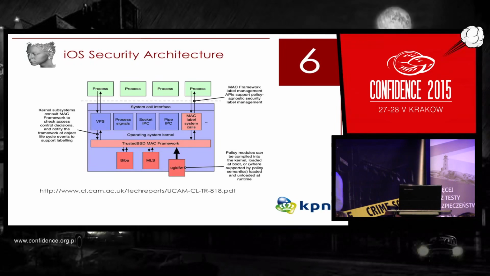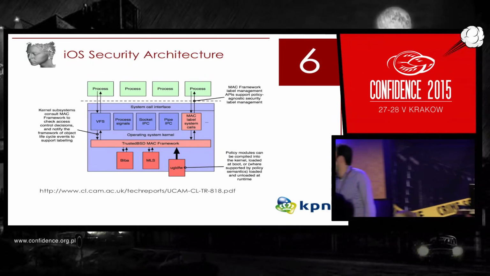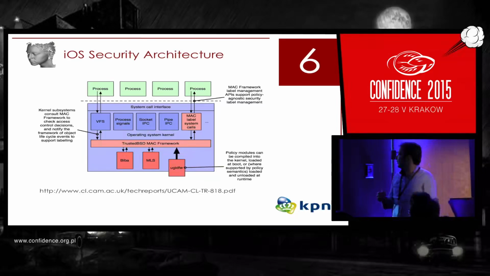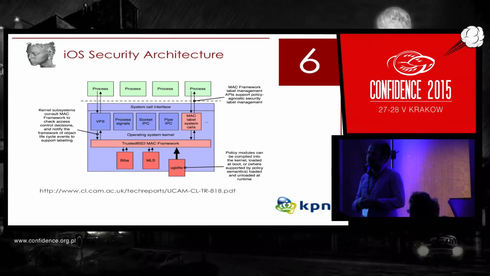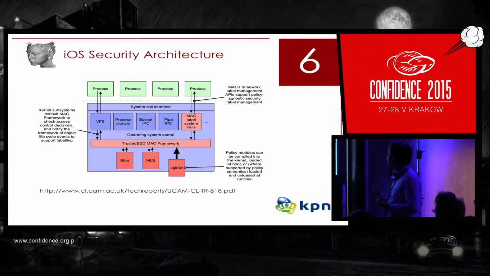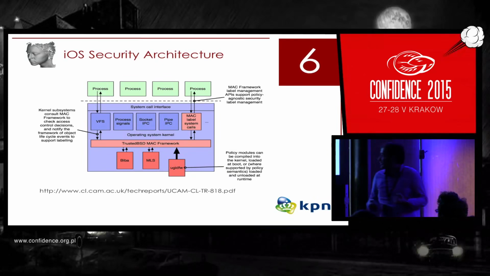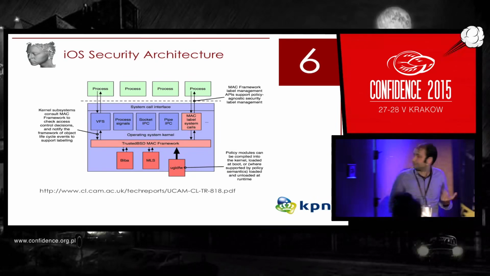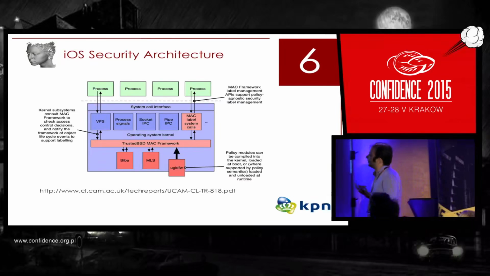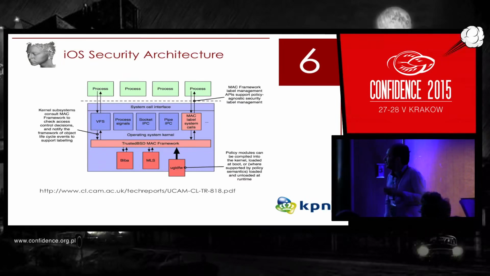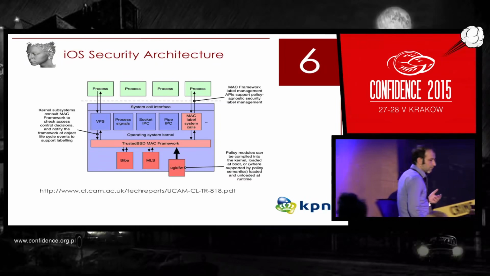The Mandatory Access Control security framework is built upon the TrustedBSD framework. It was first used in FreeBSD systems. It provides four different interfaces for secure system communication, and it defines the virtual file system, process signals, socket inter-process communication, and pipe inter-process communication.